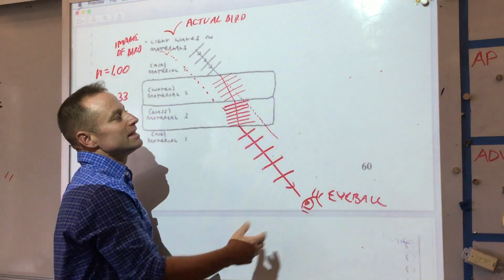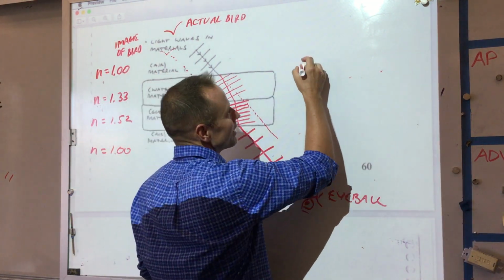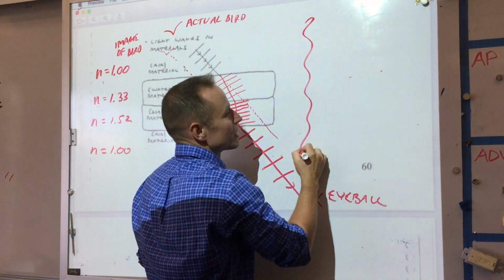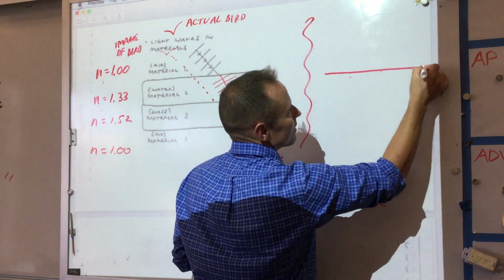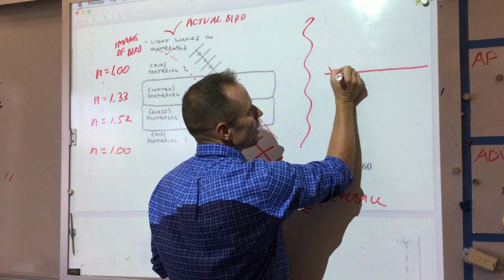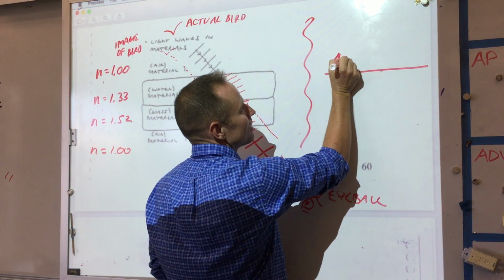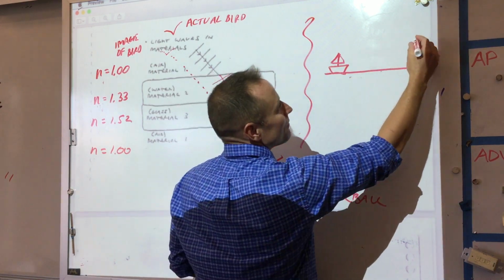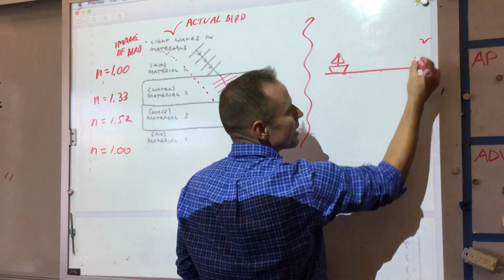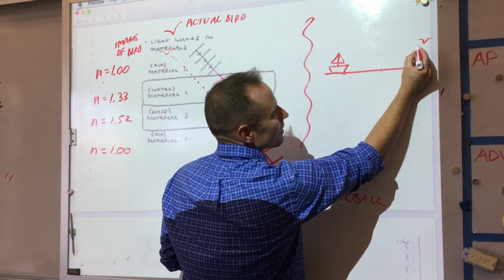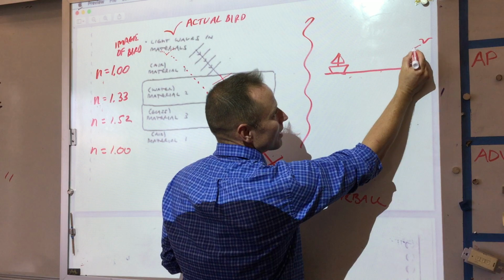You can see the same effect actually in water. So another example, I'm just going to put it off to the side. I'll put a boat on top so that we can see that this is water. So here's some water. Here is a bird above the water. Light rays from the bird would come down.